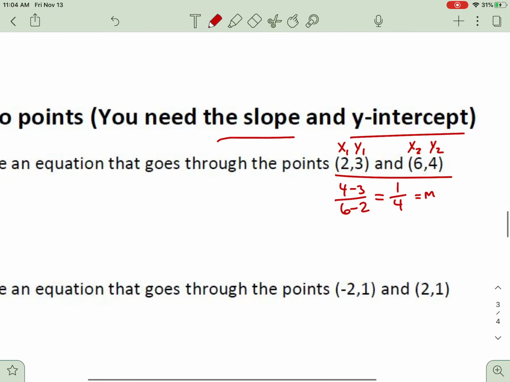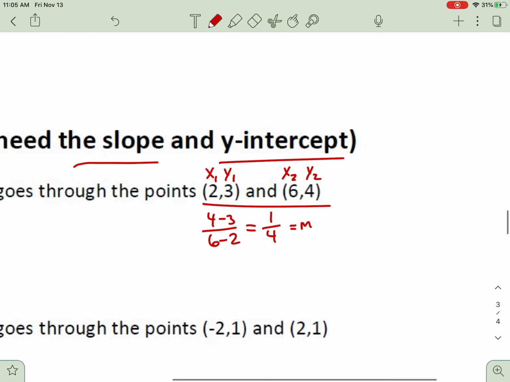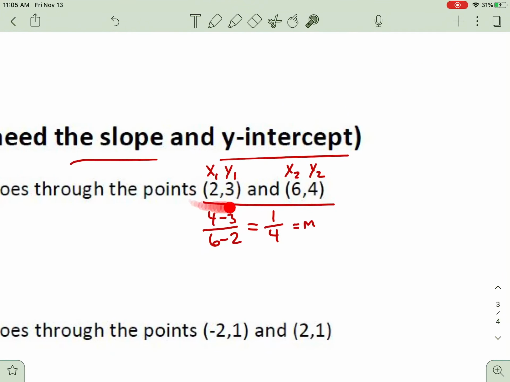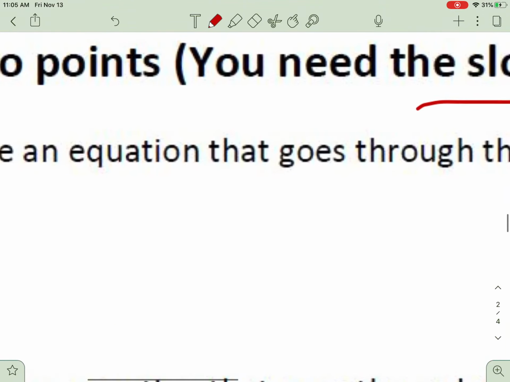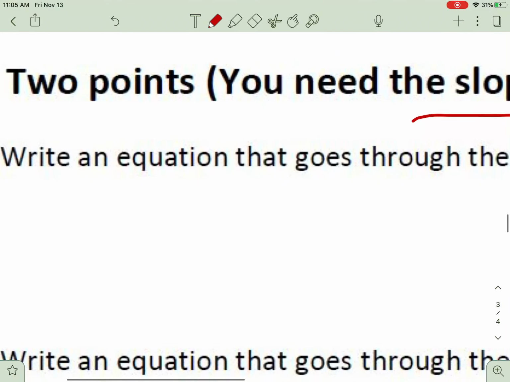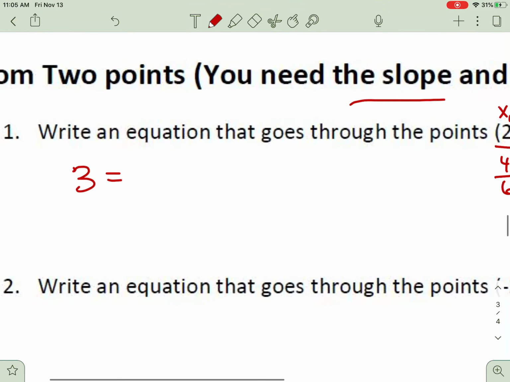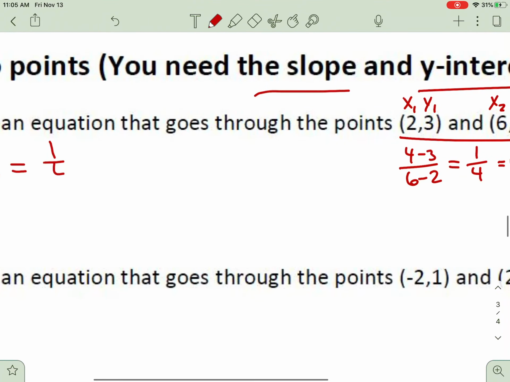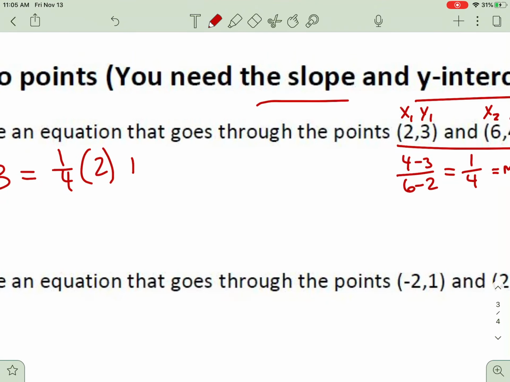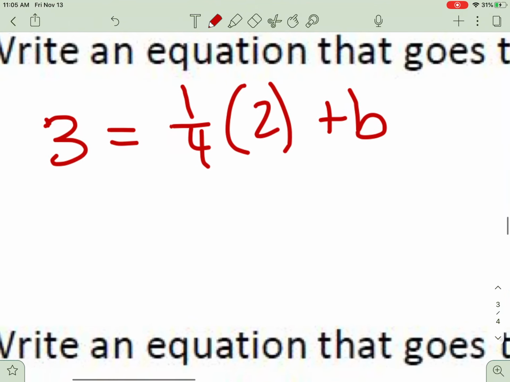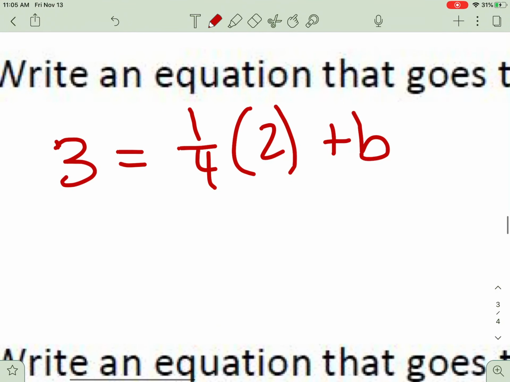Okay, and we don't have our y-intercept, so again, we're going to have to take a point and plug it in. It doesn't matter which point you use. It could be either of those. Not a big deal. I'm just going to use 2, 3. So that would mean my y is 3, my slope is 1/4, I just figured out, and my x value is 2, plus b. Again, we're using y equals mx plus b here.